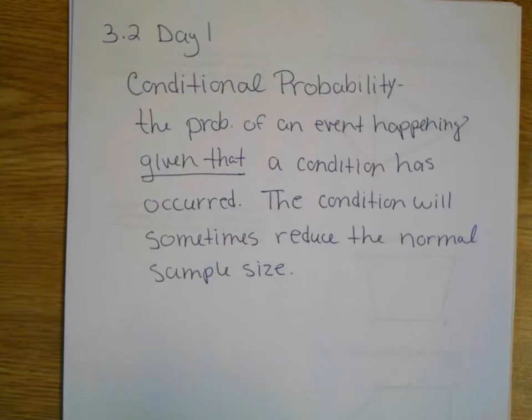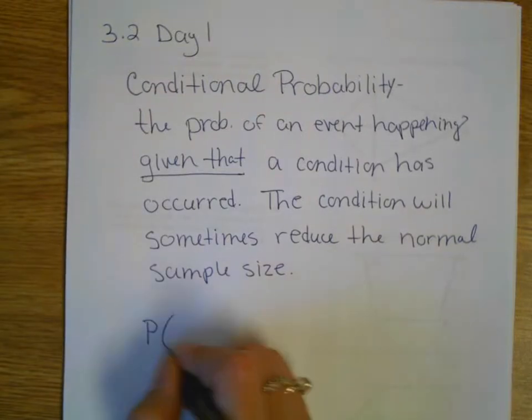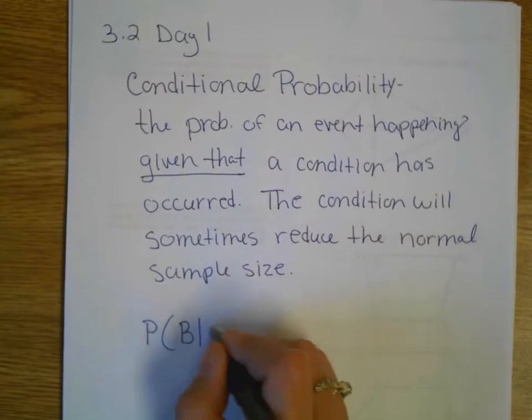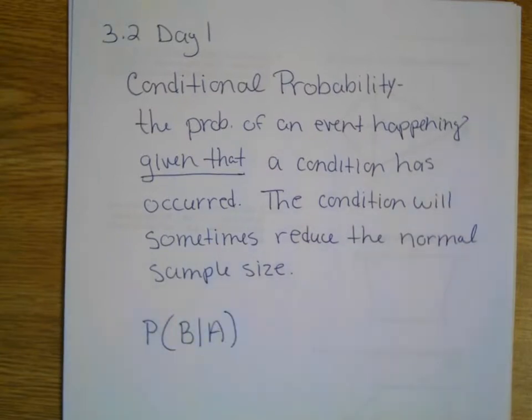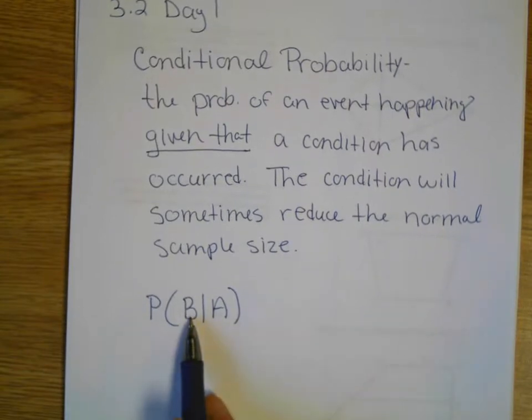And we have some special notation for conditional probabilities. Let's do it in this way. It's the probability B/A. The way you read that is you're asking what's the probability that B happens given that A has already happened. That vertical bar means the phrase "given that."